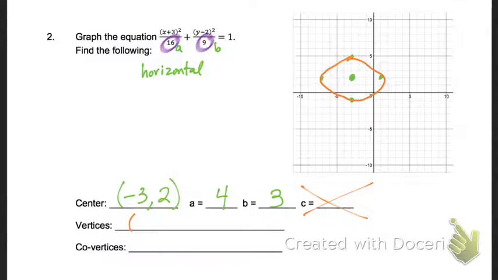So my vertices are where? (-7, 2) and (1, 2). My co-vertices are (-3, what's my y value? 5), and (-3, -1). Good. So drawing the picture first will really, really help.